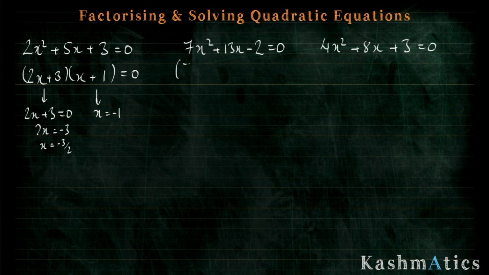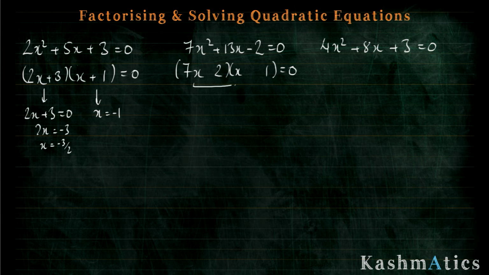Right, let's have a look at the second example. Very similar. We've got a prime number at the start, so I can start by writing x and 7x, or 7x first and then x. And I've got a 2 here as well. That's prime, so I could put the 2 here and the 1 here, but I need to check something. First of all, I need to look at this 2. It's actually a minus 2, which means one of these has to be positive, one has to be negative.